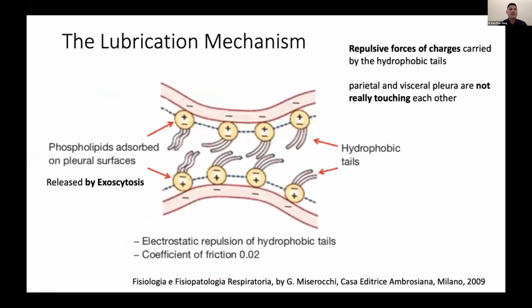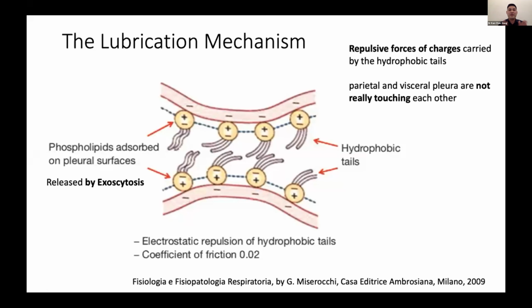Now, how does this lubricating mechanism happen? This lubricating mechanism is thought to operate by the repulsive forces of charges carried by phospholipid molecules. These phospholipid molecules are produced by mesothelial cells via the process of exocytosis. These phospholipid molecules contain hydrophobic tails, which carry negative charges, and they are distributed along the pleural surface.